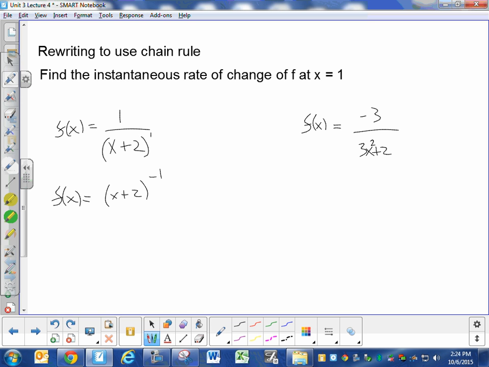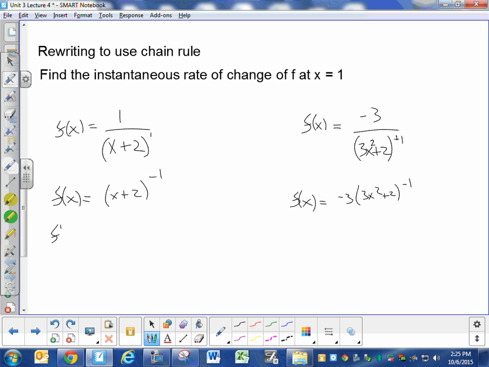And after I do this, I'm able to use the chain rule with an outside and an inside to find the derivative a little quicker than if I did this using the quotient rule. Same with this. This would be negative 3 over (3x squared plus 2) to the first, and I could rewrite it as negative 3 times (3x squared plus 2) to the negative first.